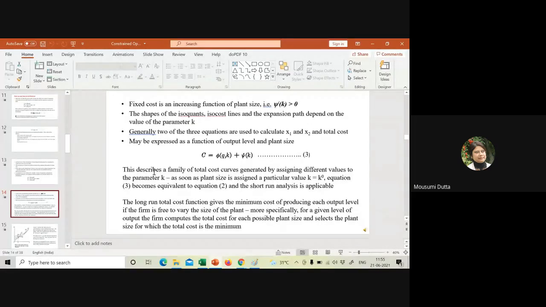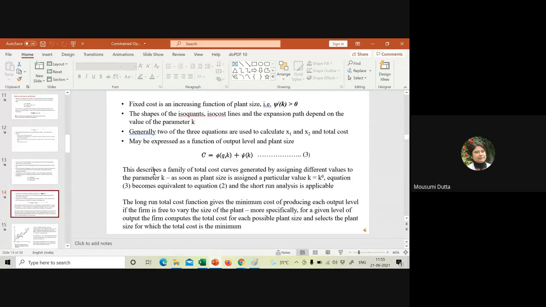Here you have multiple options, 1, 2, 3, 4, 5, 6. If there are 50 possible plant sizes, all 50 options are with you. Suppose you want to produce 10 tons: for 10 tons, you have 50 possible plant sizes, and you select the one which will give you the minimum cost.